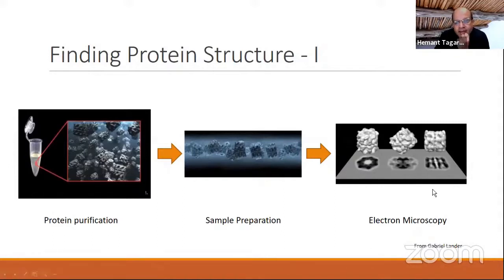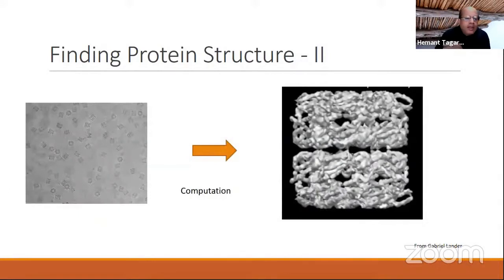You then insert that into an electron microscope. When you turn the beam on, what you get essentially are shadows of that protein. This whole process is called cryogenic electron microscopy, done at really low temperatures. And what you get are images like this.